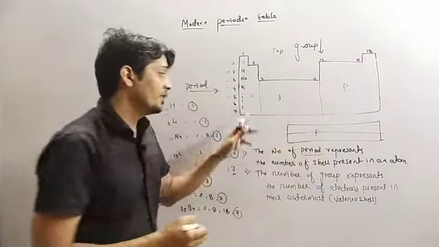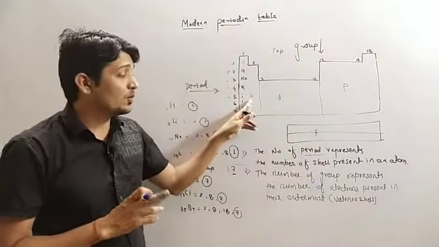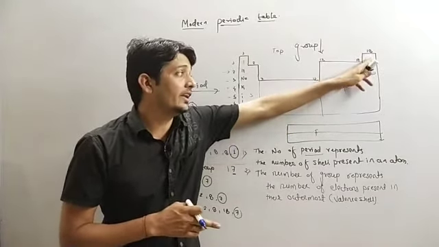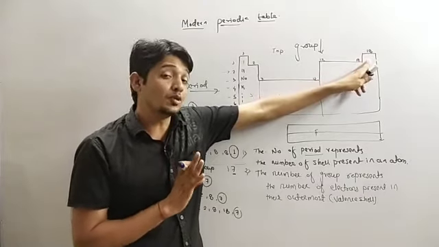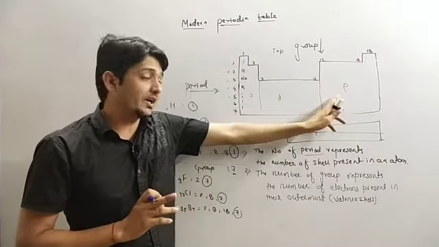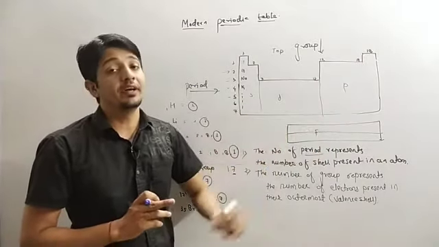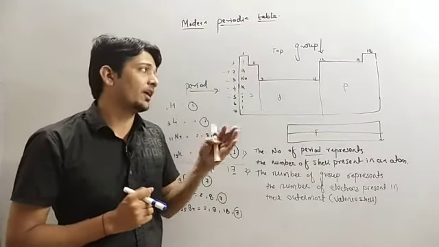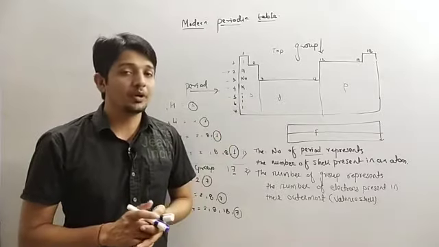Elements of group 13 to 18, except helium, are called P block elements. D block and F block we already understood. Now we will understand the next part of the features of the modern periodic table.